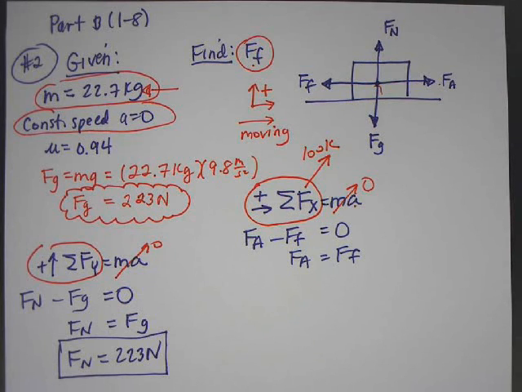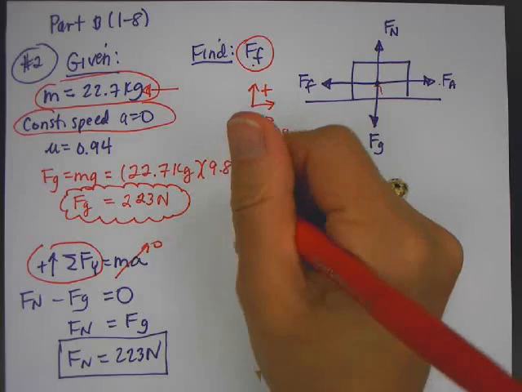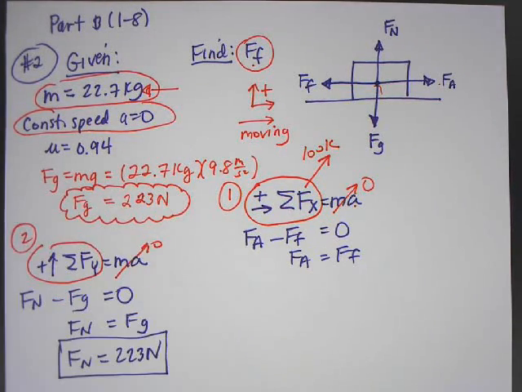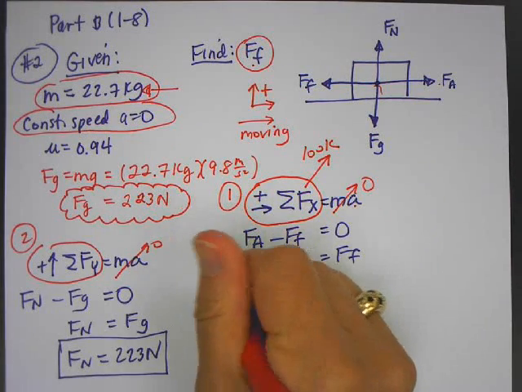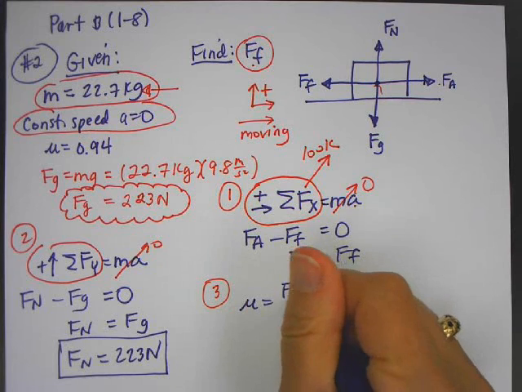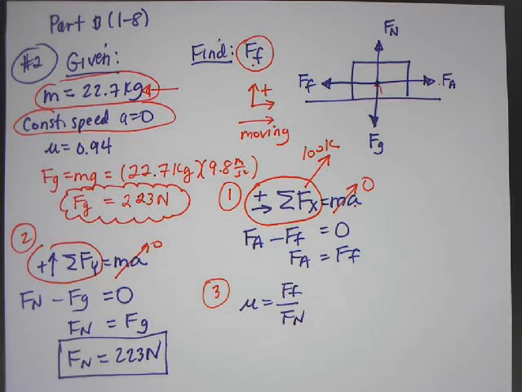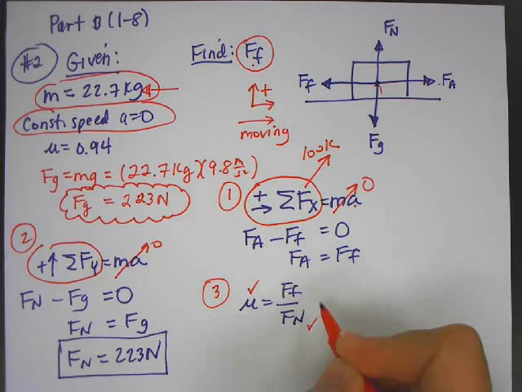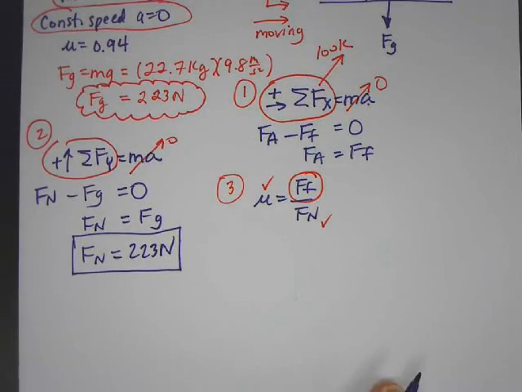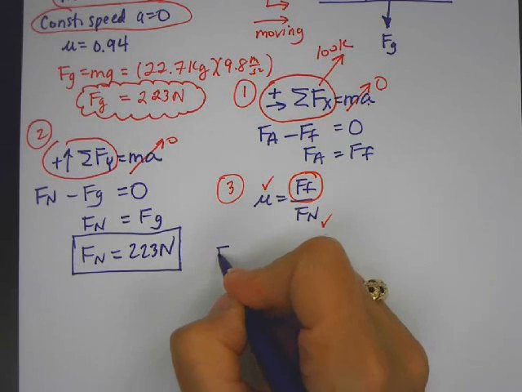Now I only have one thing left to do, because remember, there's three things you can do for a problem. One is sum forces horizontally, two, sum forces vertically, and the last thing I can do is use my mu equation that says mu is equal to F of F over F of N. Now I have mu, and I have F of N, and I want to find F of F. So I'm going to rearrange my equation to solve for my unknown in terms of my known.